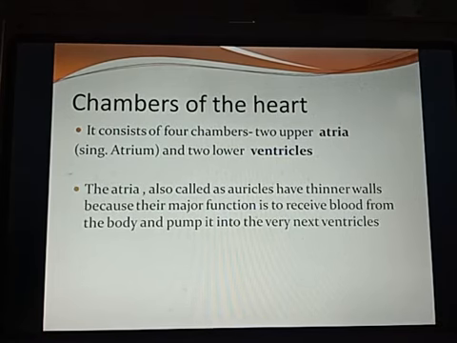So the auricle situated to the left will be the left auricle, and the one located towards the right side will be the right auricle. Similarly, the ventricle located towards the left side will be the left ventricle, and the one situated towards the right side will be the right ventricle.